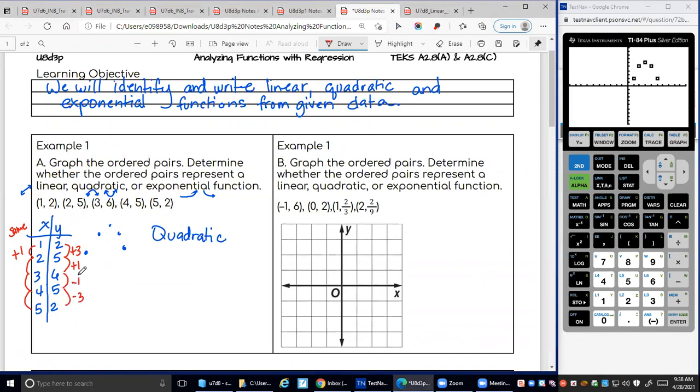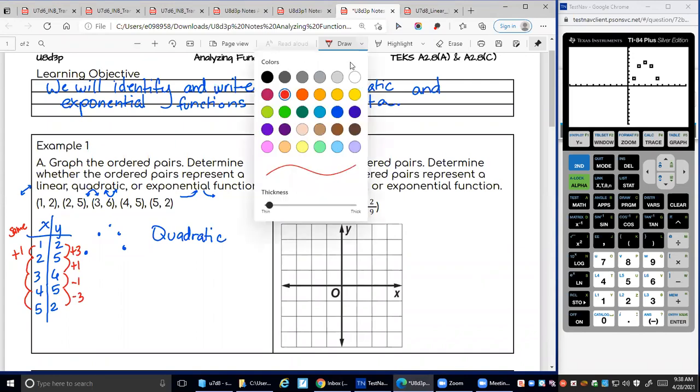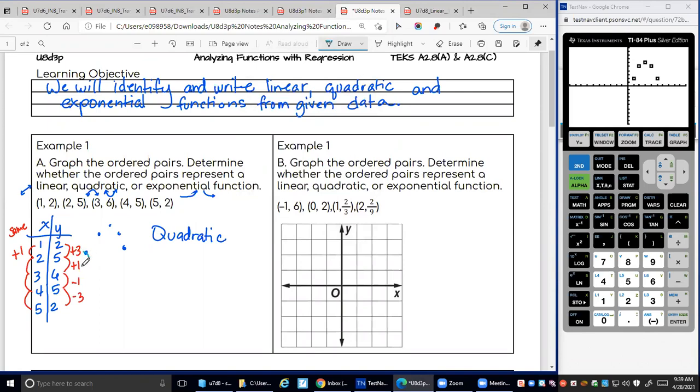Okay, so it's not the same, but if I want to verify that it is quadratic, all you have to do is take a second difference. So to go from 3 to 1, I'm subtracting 2, right? And we can do a little number line. All the way from -3 to +3.